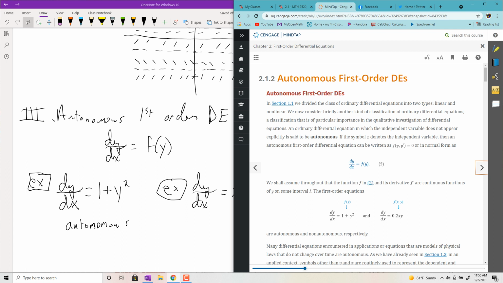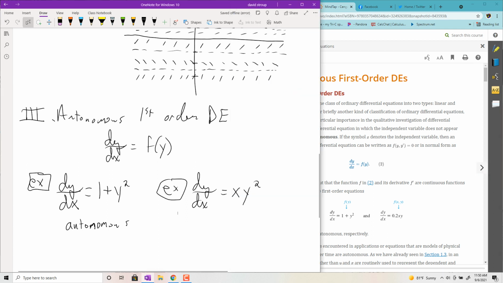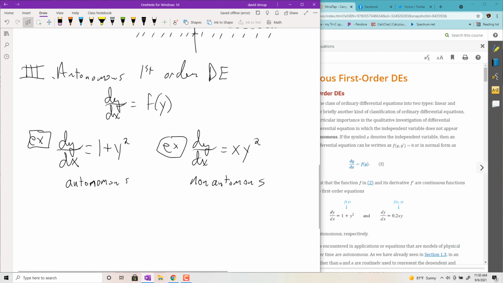Okay. An ordinary differential equation in which the independent variable does not appear. Okay, so the independent being x. So this guy is non-autonomous because the x is there. Okay, so hopefully that's quite clear. We've made an additional assumption here in the book.